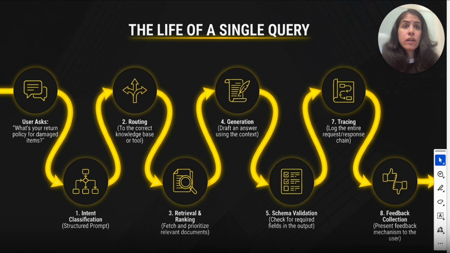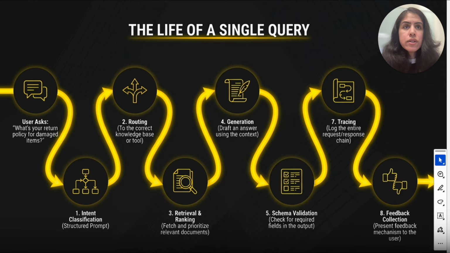Number five is the schema validation, which ensures that the structure is correct. Number six is the guardrails, which check confidence, safety, policy. Number seven is tracing, which is logging everything for debugging. And number eight is the feedback collection that is capturing the user's reaction.